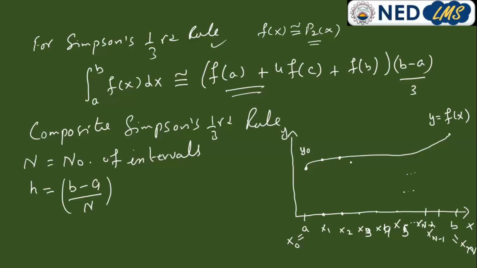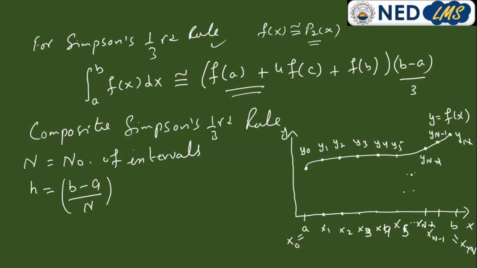So this is y1, this is y2, then y3, y4, and let's say y5. Then you continue, and in the second last you will get y n minus 1, and the last value is y n, and the third last we need here, so let's call it y n minus 2.